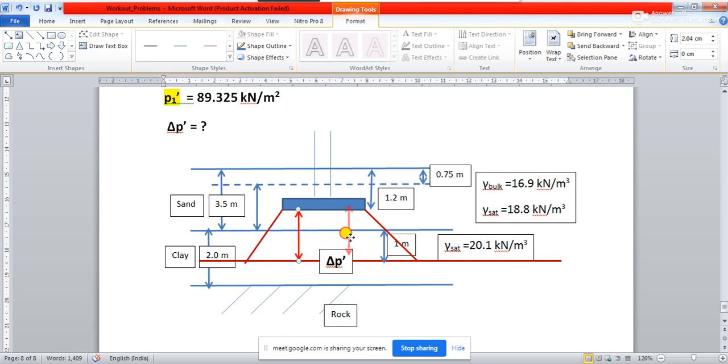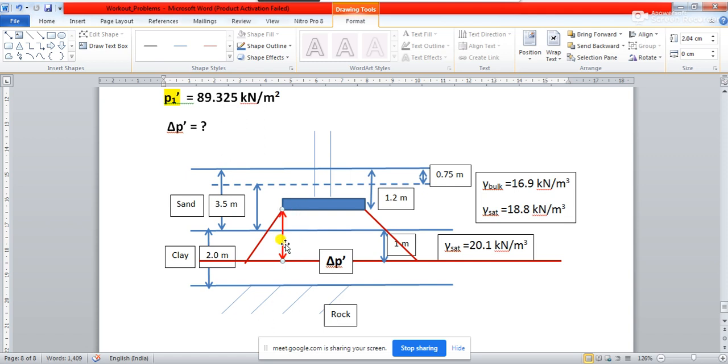This is actually your Z. Z means from the base of the footing to the middle of the clay layer, the depth of the soil will be taken as Z.